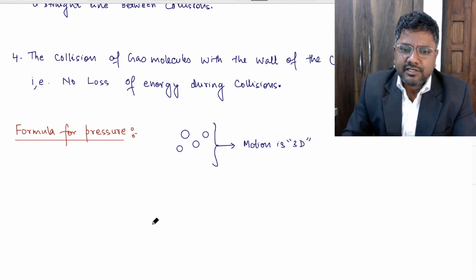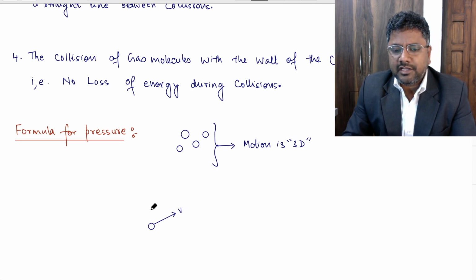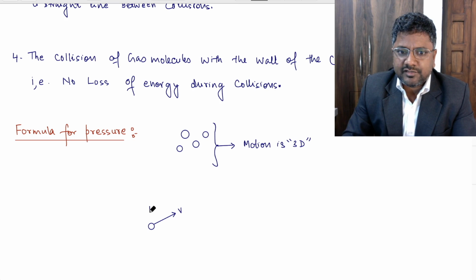So if you consider a gas molecule like this, and suppose that this is moving in this direction, then all three vectors are present simultaneously here, right?